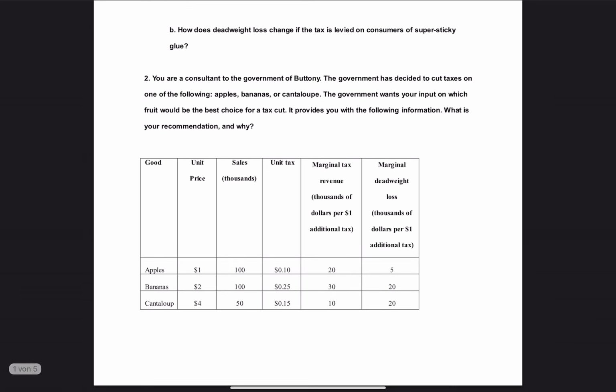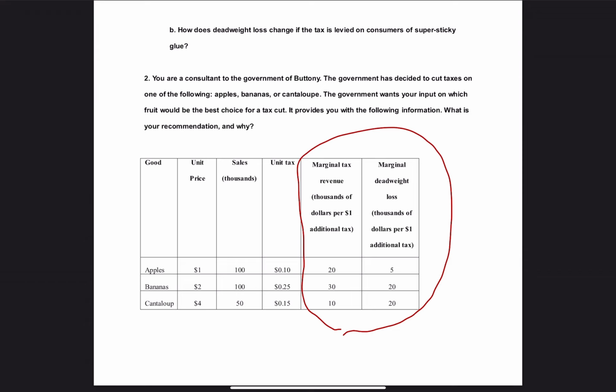Basically, here we are asked to look at the 3 different goods which are given and compare only this part of the table. All the rest is quite irrelevant for the question which is asked here. We only need to focus on this, because this part of the table tells us exactly what is changing due to a change in $1 of tax.